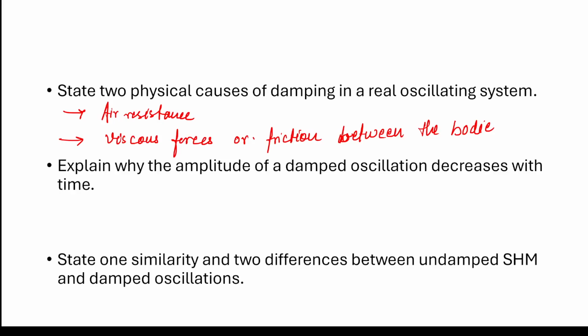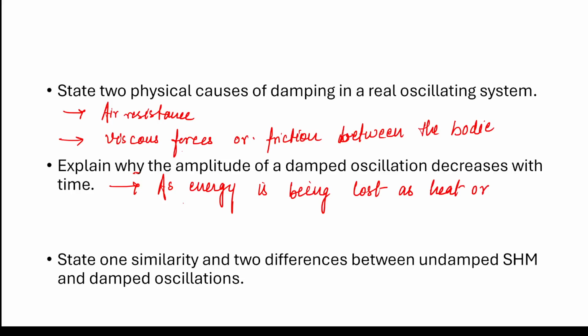Because amplitude comes from energy. Energy is continuously being lost to the surroundings as heat or sound. Because some energy is being lost, the total energy cannot remain constant. As energy is being lost as heat or sound, obviously the total mechanical energy cannot remain constant.